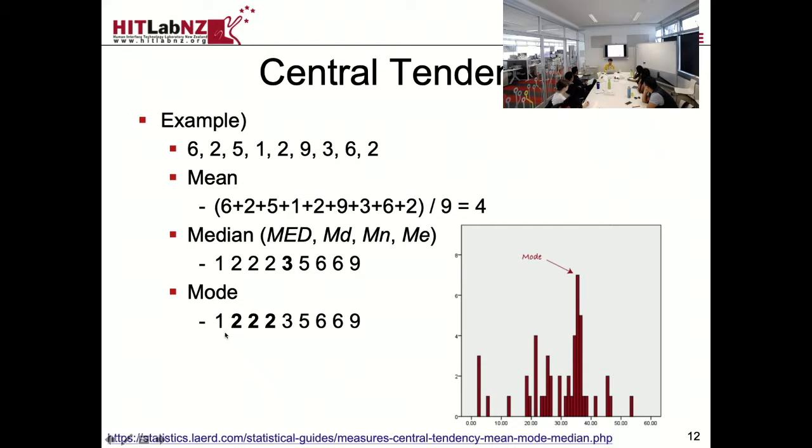And what is the mode? The number 2 shows up most frequently in this data. So when we ask what the mode is, we say it is 2. Okay. So when you represent the data with a bar chart or histogram, then the peak always indicates the mode, because the peaks represent each frequency, right? The highest frequency.